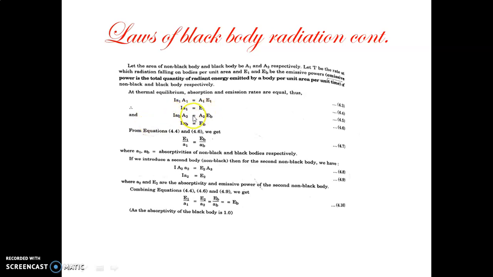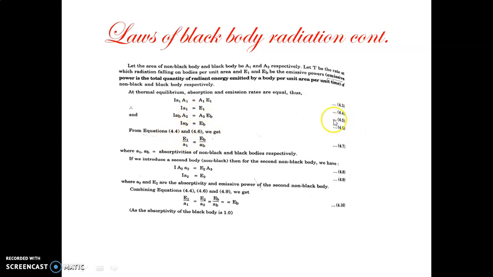Similarly, we can write for the black body I AB A2. AB is the absorptivity of the black body and A2 is the area, which is equal to A2 into EB. So this absorption rate is equal to emission rate. Similarly, we can cancel that A2.